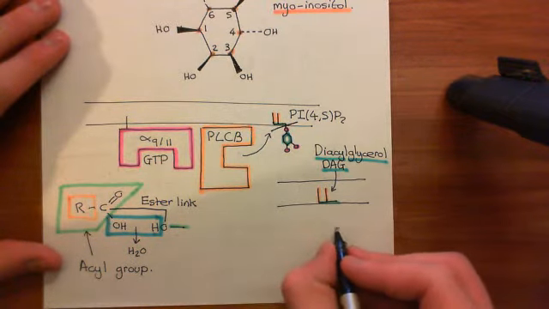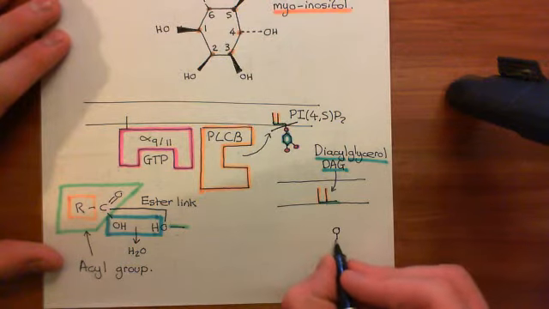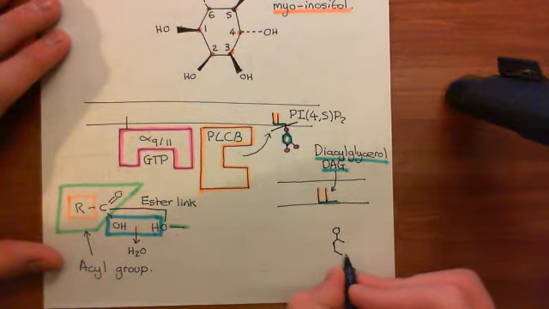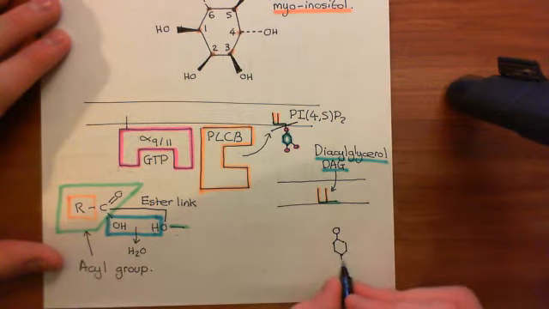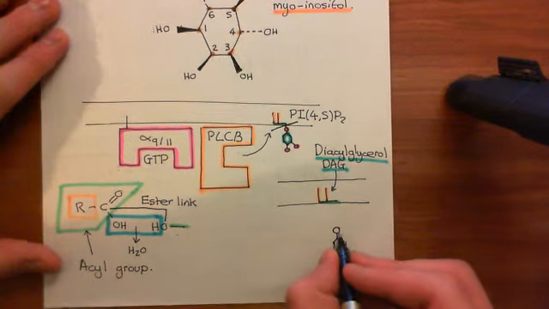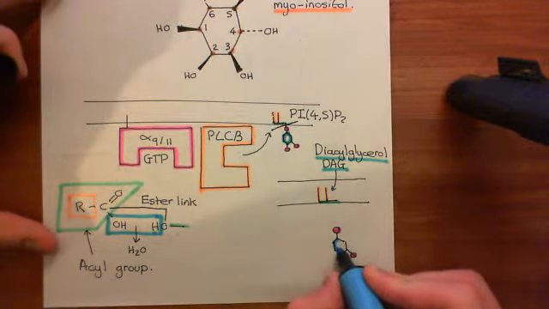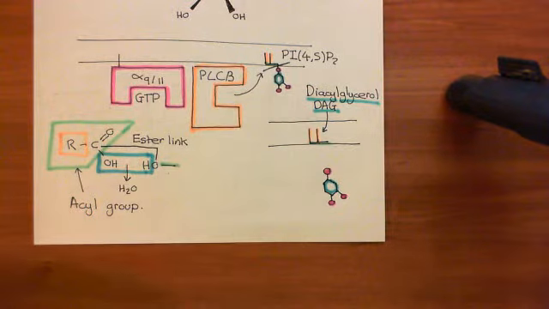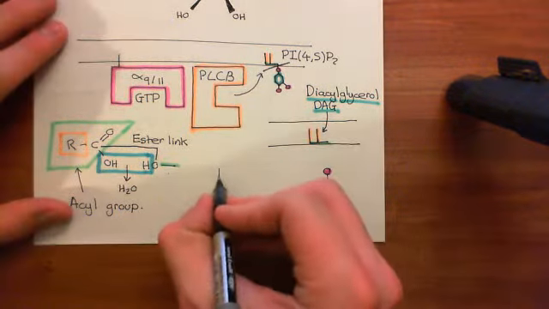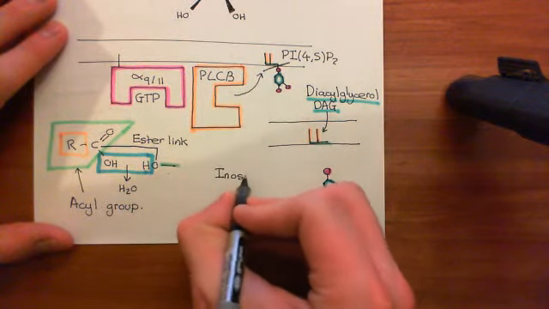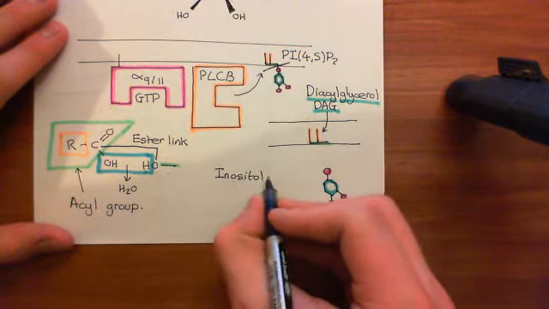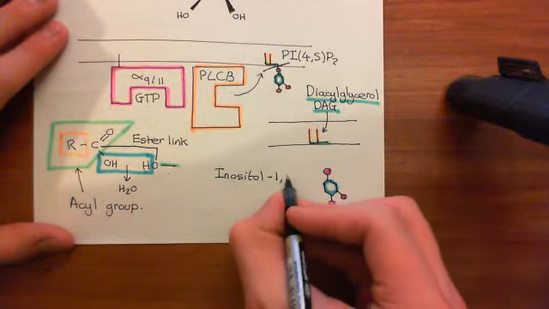Okay, the other product that you produce is the inositol molecule, or more strictly speaking, the myo-inositol molecule, with the three phosphate groups coming off it, one off the first carbon here, and then the other two off the fourth and the fifth carbons down here. So there are the phosphate groups in blue, and here is the inositol ring in blue. Okay, right, so this molecule now is called inositol, and if you want to be very strict, you'd call it myo-inositol, but we'll just call it inositol along with everyone else in the world.